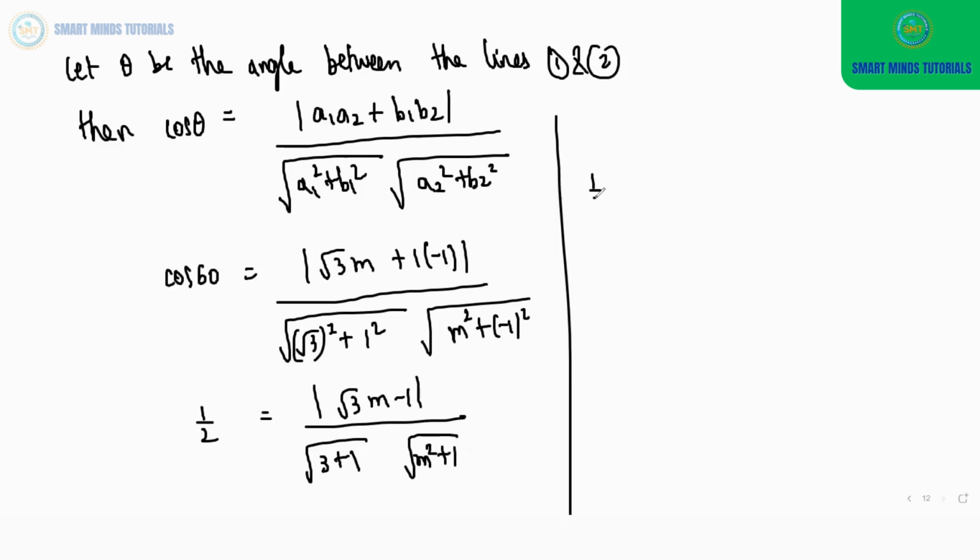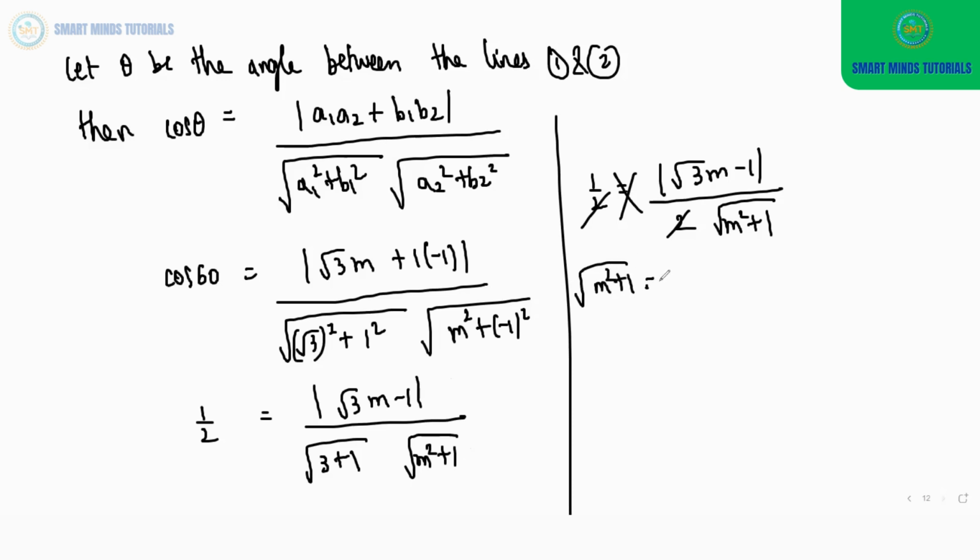So that comes around 1 by 2 equals root 3m minus 1 by root 4 is 2, 2 root over m square plus 1. This 2 and 2 cancel. If we cross multiply, we get root m square plus 1 equals root 3m minus 1. Now squaring on both sides, we get m square plus 1 equals root 3m minus 1 whole square.